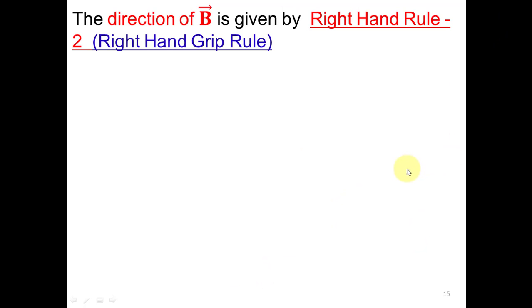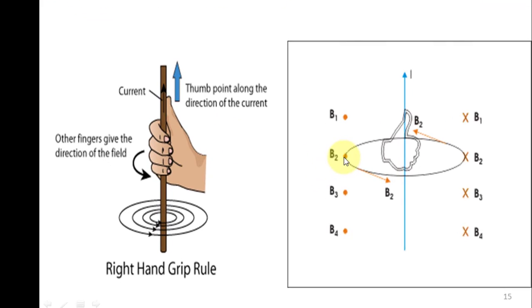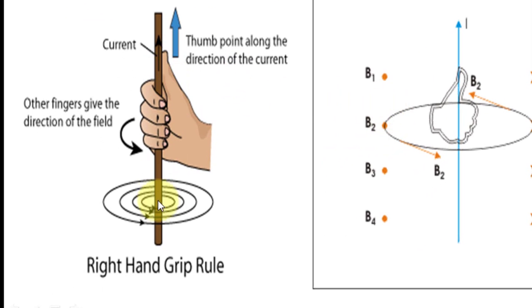The direction of magnetic field B is given by the right hand grip rule. Your thumb will point along the direction of the current, whereas you curl your fingers around the current carrying conductor, and you can get the direction of the magnetic field.